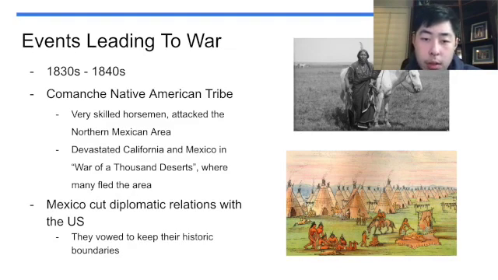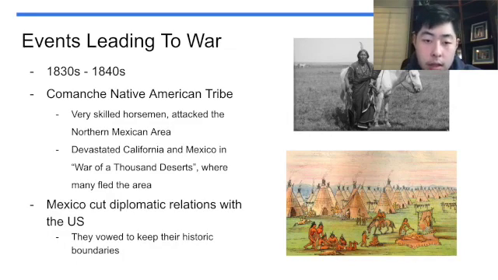the background if you will, starting with the fact that in the early 1840s, there was a Comanche Native American attack on the northern Mexican territories and Mexico being unable to defend against these attacks.